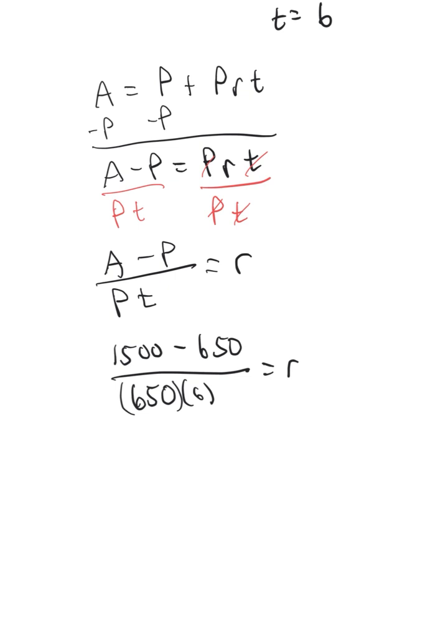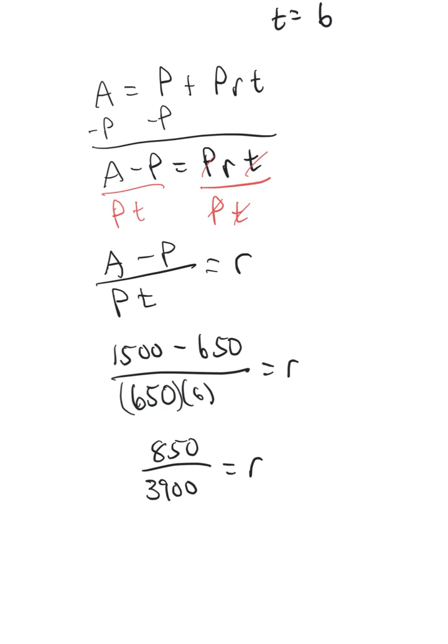So 1,500 minus 650 would be 850 over, and then 650 times 6, 3,900 equals R.